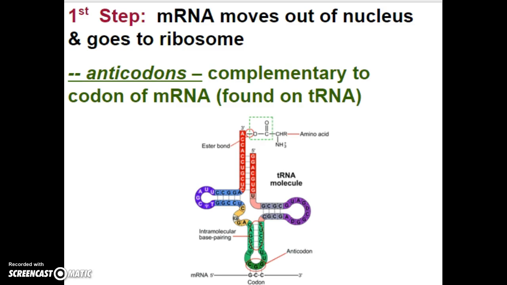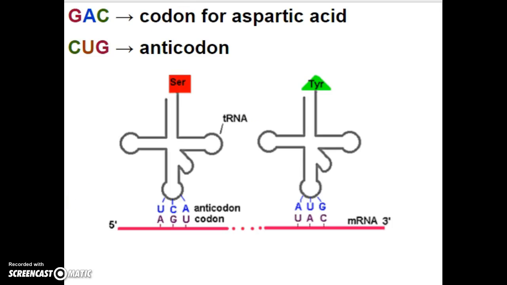So messenger RNA has the 3 base codon, whereas transfer RNA has a 3 base anticodon. So if the messenger RNA reads the sequence GAC, that's the codon for aspartic acid. What the transfer RNA will read is CUG, and then it will grab the correct amino acid that's needed for the sequence.